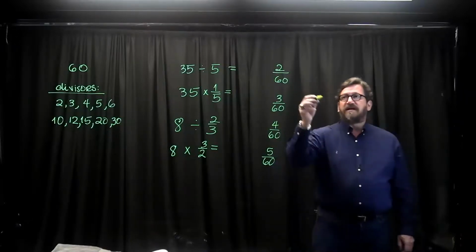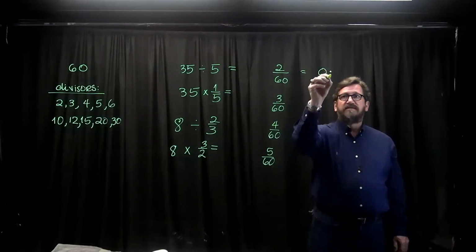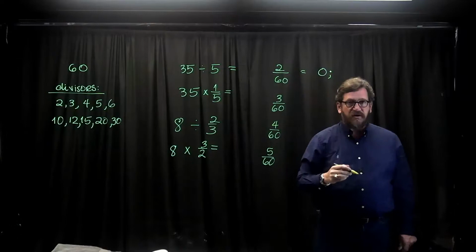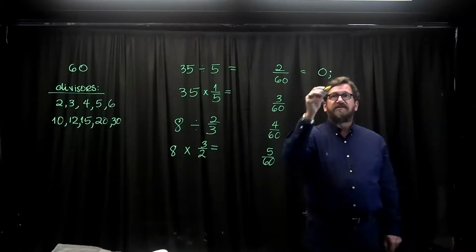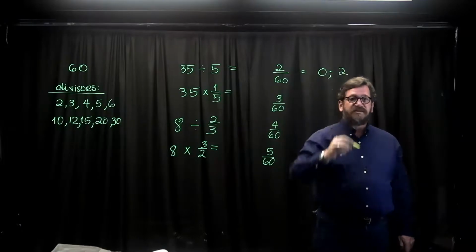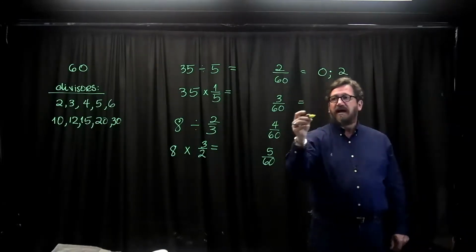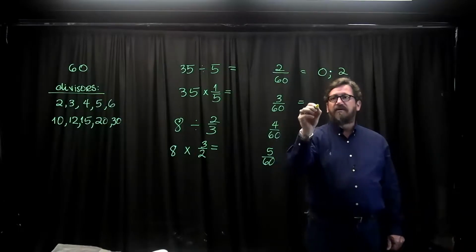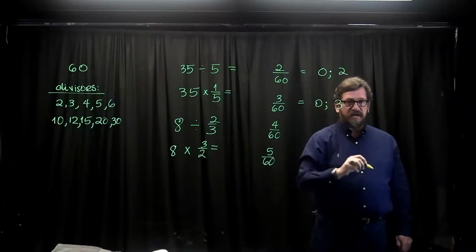And so what's going to happen is, if I were to look at this, I would say 0 ones. I'm going to use a semicolon to separate the ones from the decimals place. And in the 60s place, 60ths, I would have 2. Here I would have 0 ones. And I'm now going to have a 3 here.